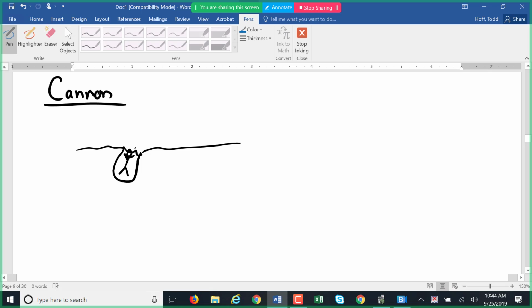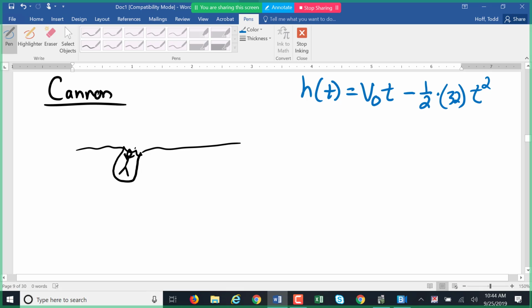The formula for the height of something fired from a cannon, actually anything launched from the ground, is your initial velocity, V0 means V initial, or V at time 0, times your time that you've been in flight, minus 1/2 times g, the acceleration of gravity, that's 32 feet per second squared, times t squared.